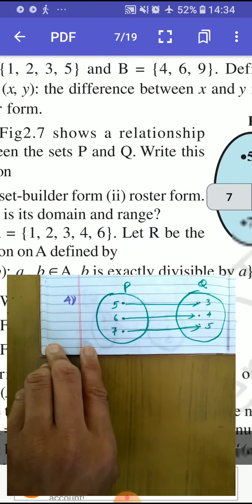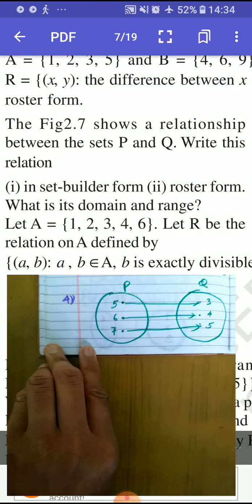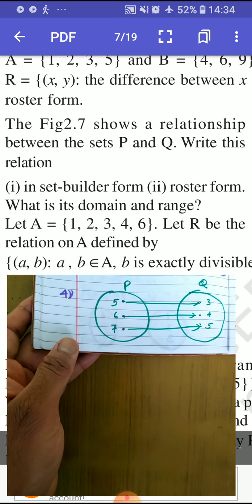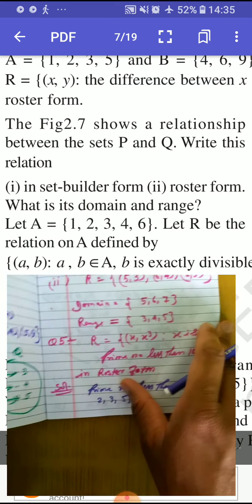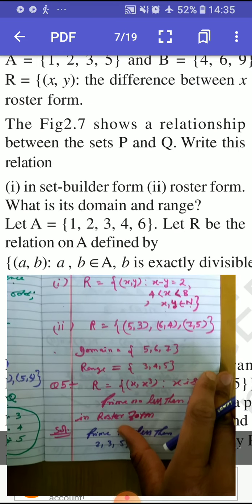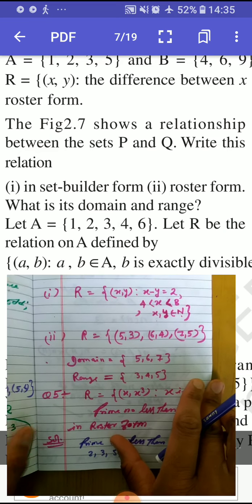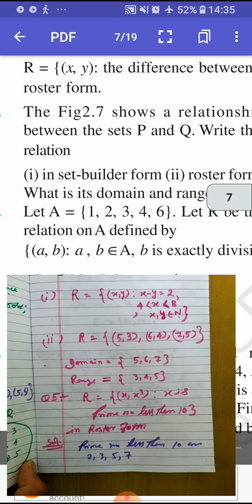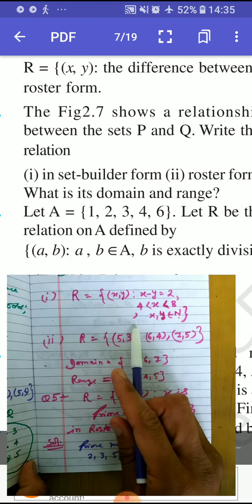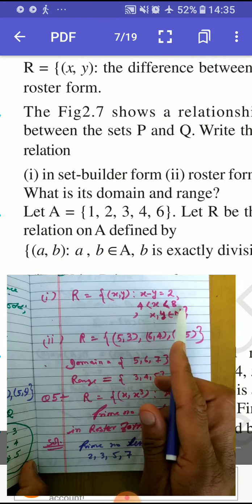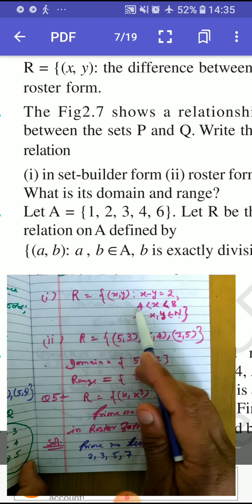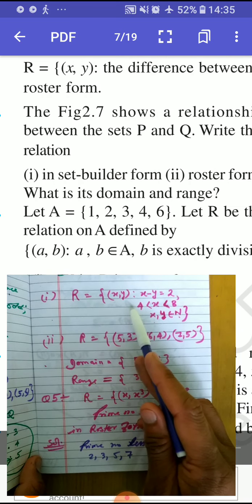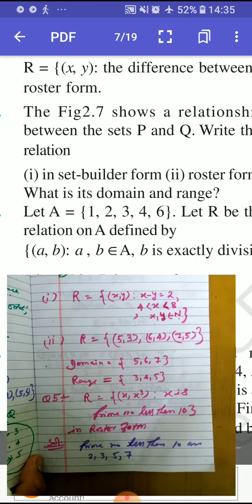Okay, so you can write this relation in set builder form like this. R equal to {(x, y) such that x minus y equal to 2}, since the difference x minus y is 2, right?